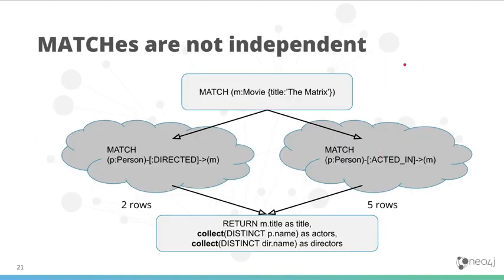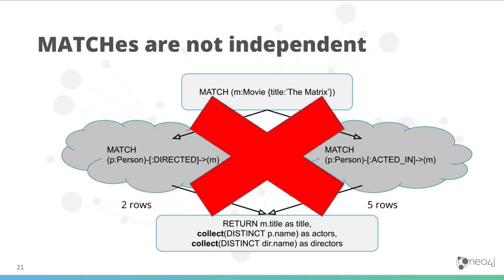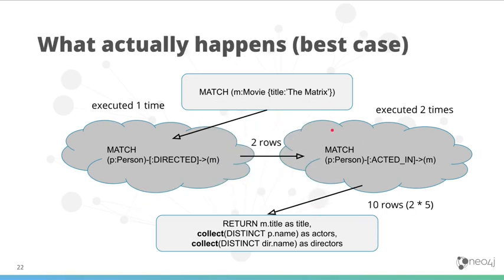Now, as mentioned, matches are not independent. Sometimes people see multiple matches following each other, and they think, well, okay, we match to the Matrix, and then we fork out, and then one side matches to the directors, the other side matches to persons, and then magic happens, and somehow we get our results. But this isn't quite what happens. Matches are not independent. Remember, they execute per row that's generated from operations.